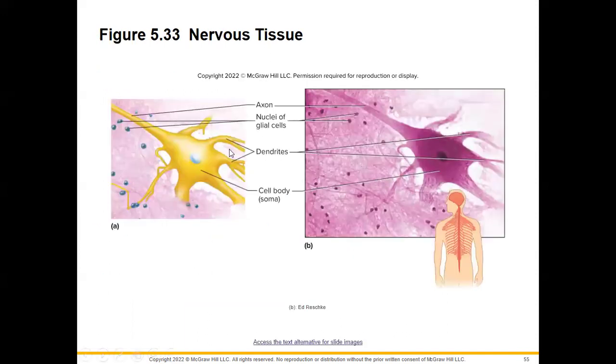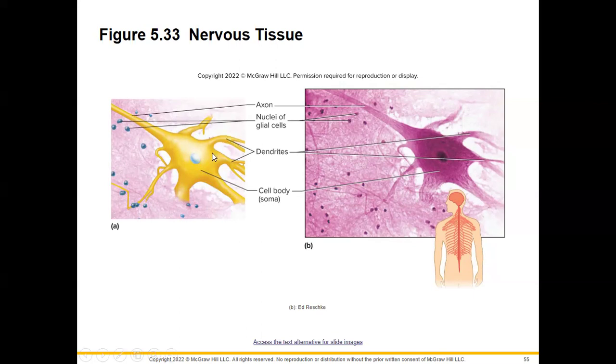So, nervous cell shape, you have the cell body or the soma of the cell with lots of little projections. Most of the projections are going to be dendrites. Dendrites receive information from other cells.